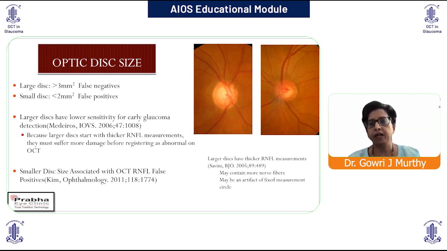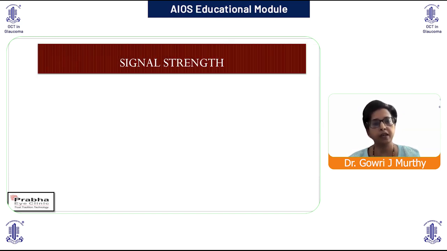Imaging in a large optic nerve head is likely to introduce false positives in the ONH analysis. And on the other hand, imaging in a small optic nerve head can miss small defects and lead to false negatives in the analysis of the minimum rim width. Therefore, one should be mindful of the optic nerve size when interpreting the OCT.